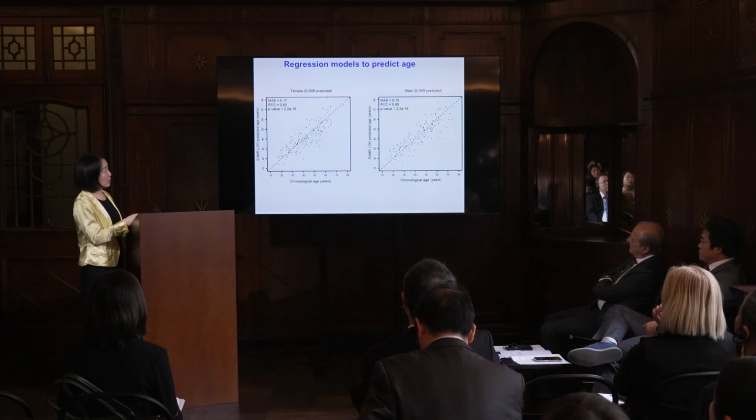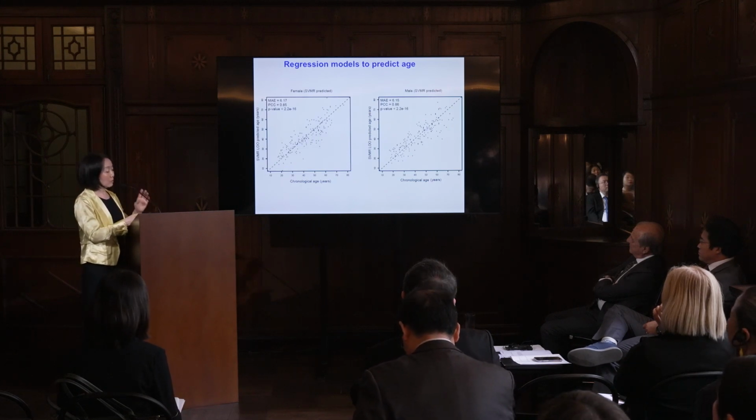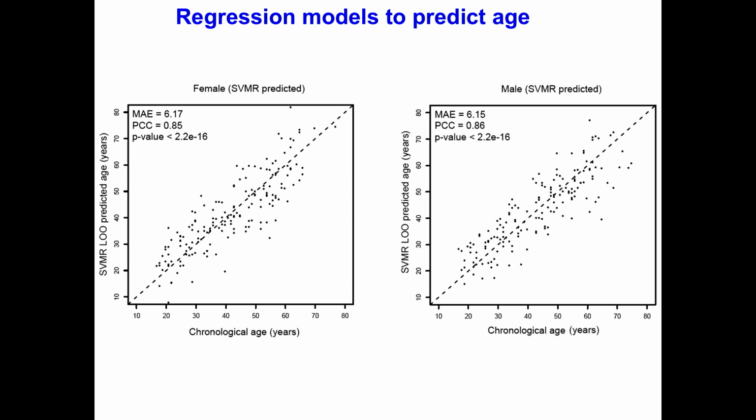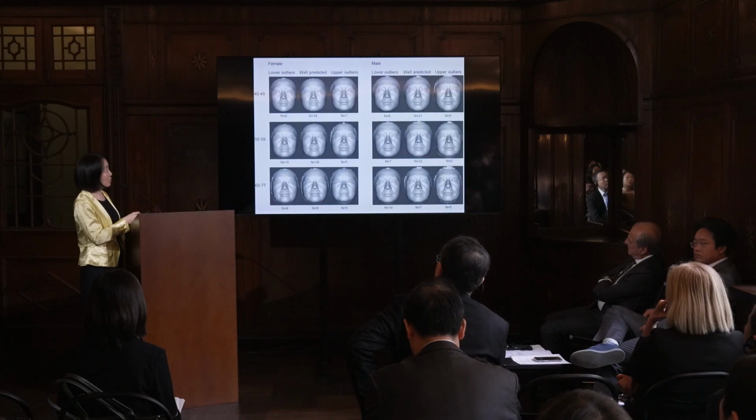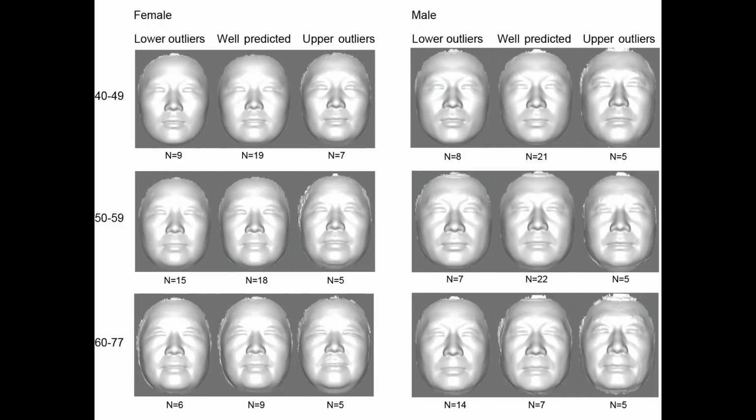Here with this linear model, based on 300 people, we can already achieve an error of only 6 years. Using this 6 years as a cutoff for defining the fast ager and the slow ager, we can see the outliers for this model do show some aging-related changes.